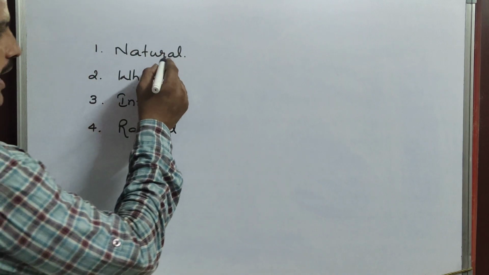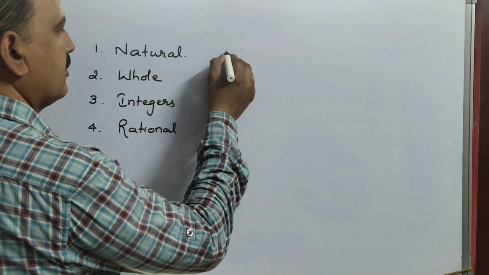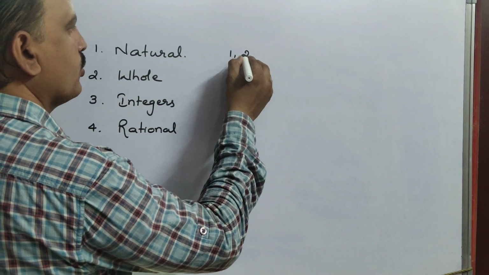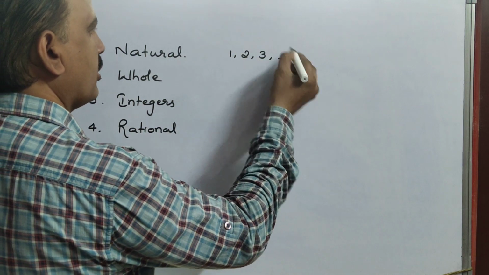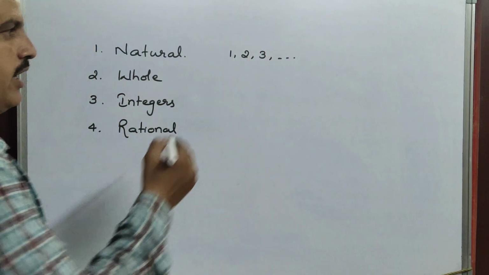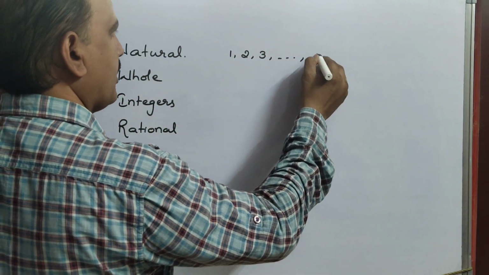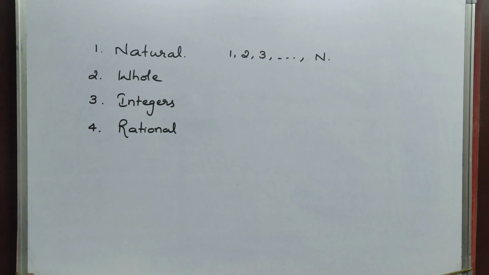See here, natural numbers, you all know that the numbers which begin from 1 to infinity are called natural numbers, and it is indicated by the letter N. Already I told in the first chapter.